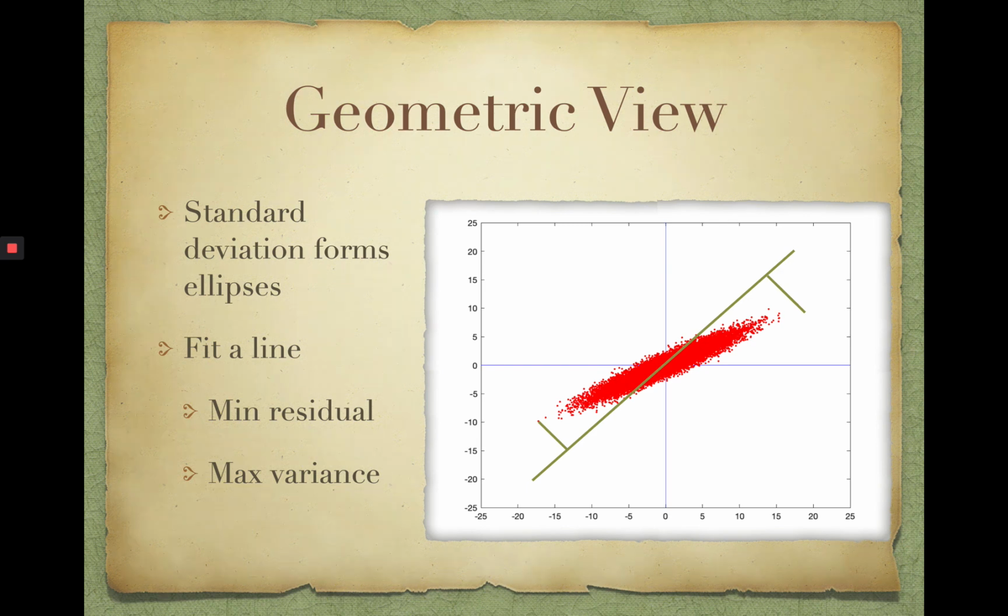If I want to minimize that residual, I would then cause that line to shift down, so I could try different slopes on my major green line and find out whichever one gave me the smallest distance to all the red points, the smaller green lines. That's going to happen when that green line is right on the principal axis of the ellipse that all those red dots kind of make up.